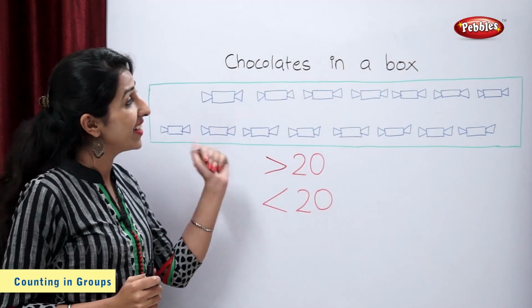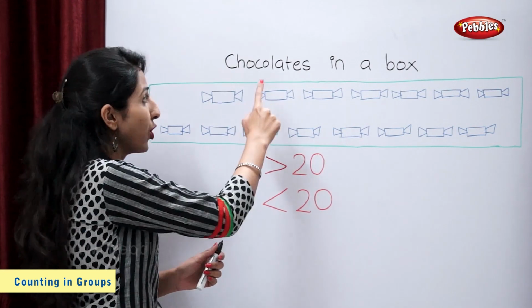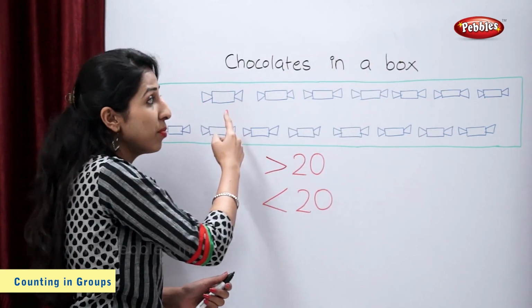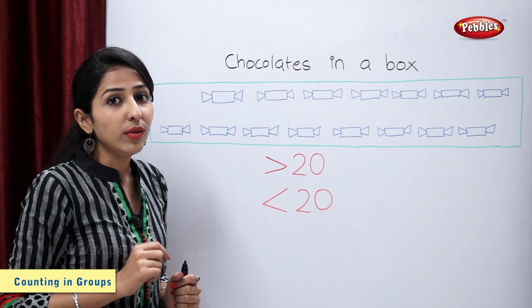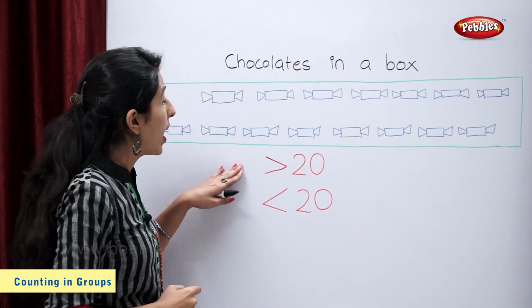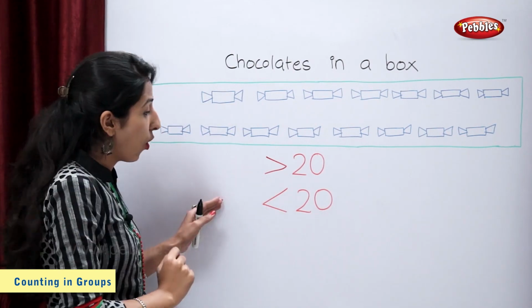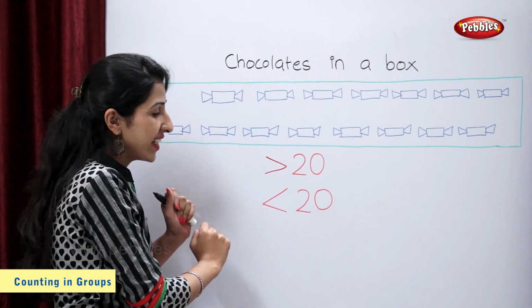Let us take this example. Chocolates in a box. Let's find out whether these chocolates are more than 20 or less than 20.